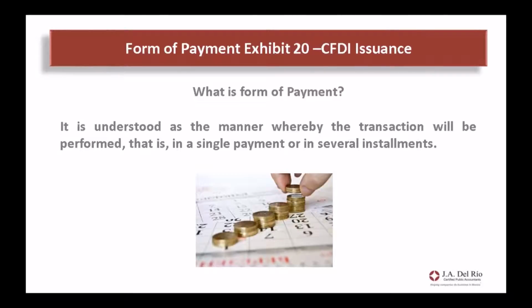This is important because tax authorities will want to control if the transaction was paid in a single payment or in installments, because it controls the VAT and also controls the revenues that are going to be taxable to the individual taxpayers.